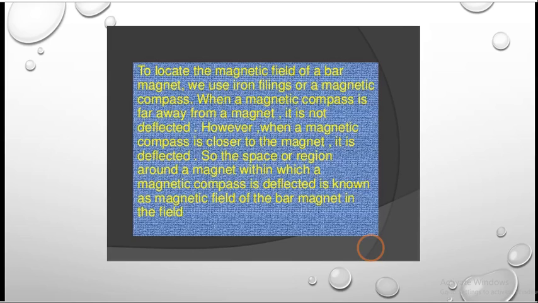When a magnetic compass is far away from a magnet, it is not deflected. However, when it is closer to the magnet, it is deflected. So, the space or region around a magnet within which a magnetic compass is deflected is again known as the magnetic field.